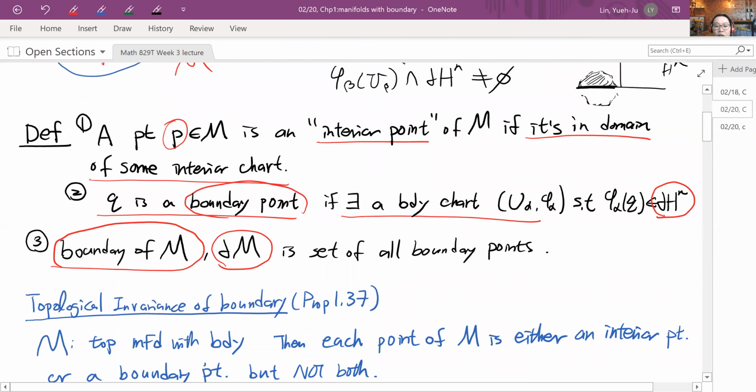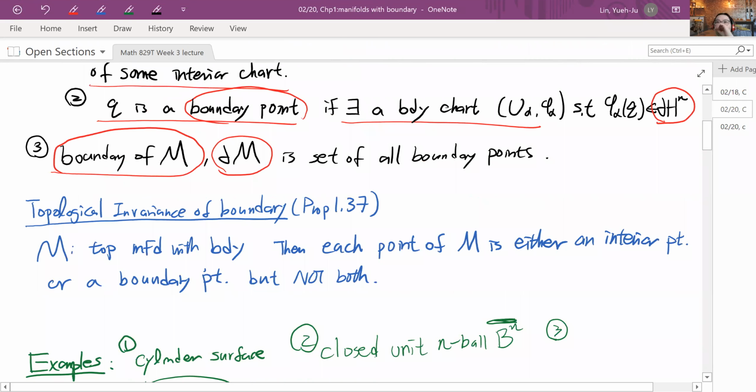Now there's a natural question we should ask. Not necessarily an easy question to answer, but a natural and important one: topological invariance of the boundary. I said it's a boundary point if you can find a boundary chart such that it gets mapped to the boundary of the upper half space. But you should ask, would it always be the same if I choose a different coordinate chart?